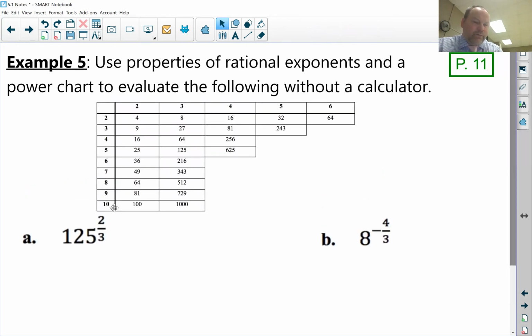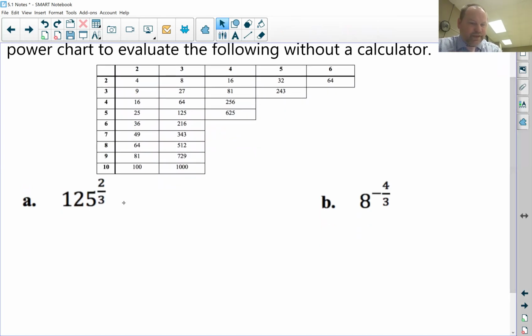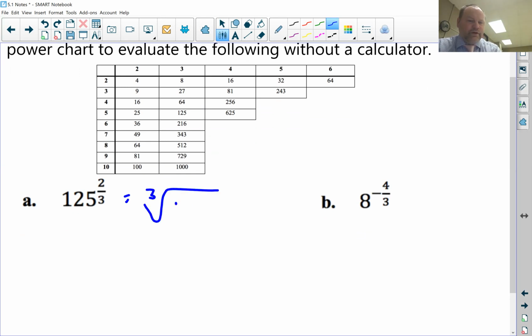So 125 to the 2/3 power, that's the same as the cube root of 125 squared. So what I would do is do the root part first. So cube root of 125 means that I would get 5.